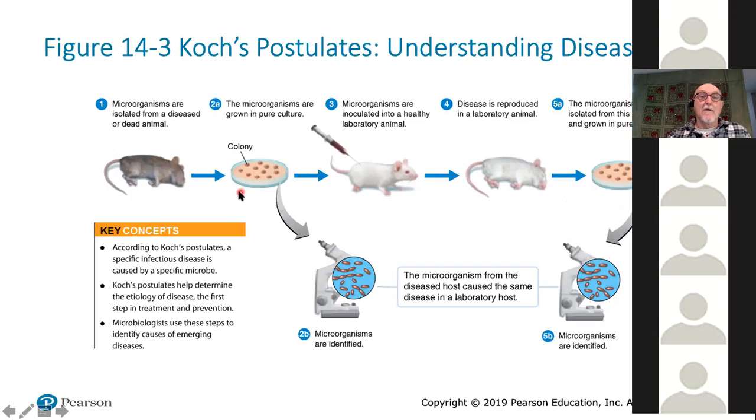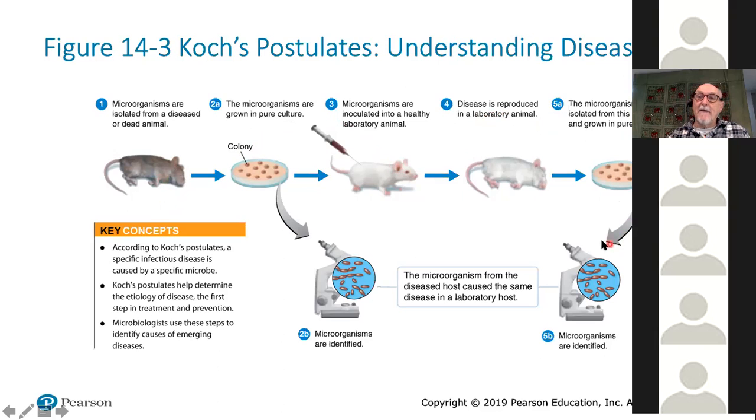So these are Koch's postulates: you must be able to extract the bacterium and purify it. When injected into an experimental animal, the disease must be reproduced in the animal. You must be able to extract bacteria from the experimental animal that has suffered the disease, and you must be able to purify it.